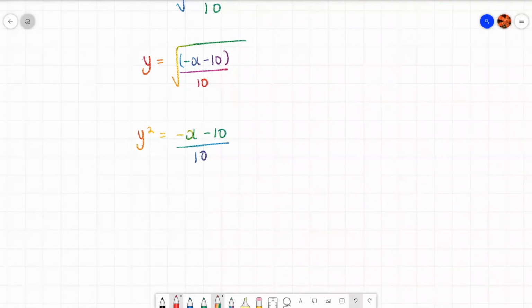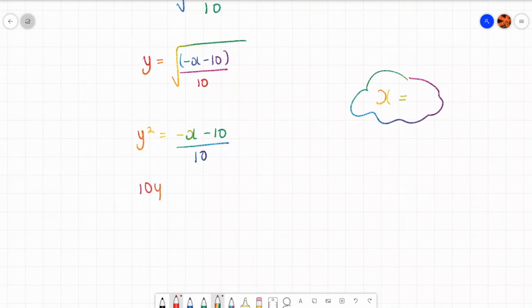Sometimes the laptop does some strange things. x equals, I'm just going to put a little bubble around that to remember. So I've got 10y squared equals minus x minus 10. Right, I don't want minus x, I want positive x. I'm going to take that on the other side. 10y squared plus x equals minus 10.